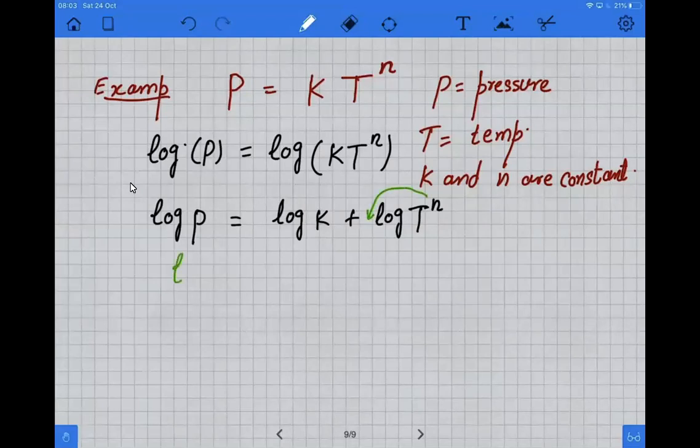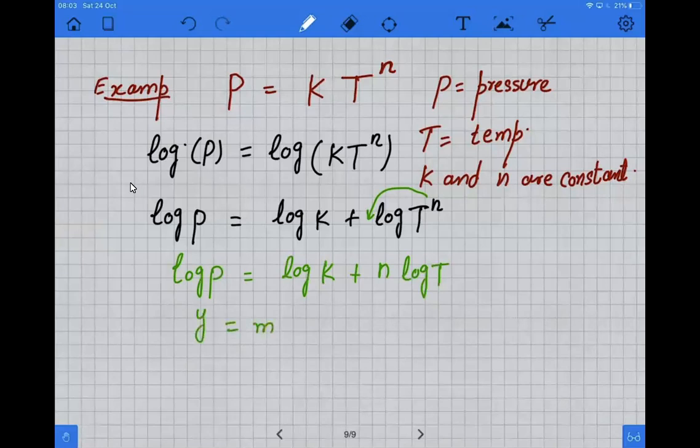So finally it will become log of p is equal to log of k plus n log of t. So if we compare it with y is equal to mx plus c, what we'll get?